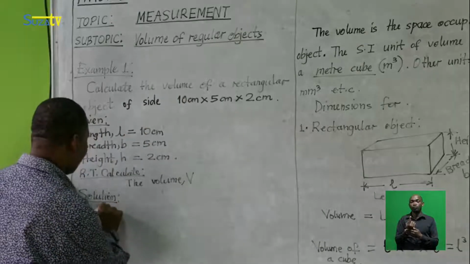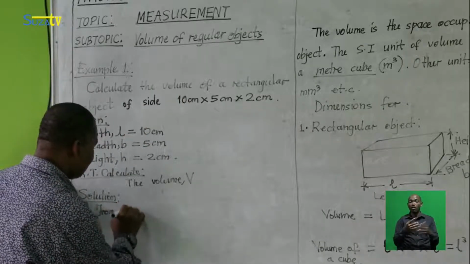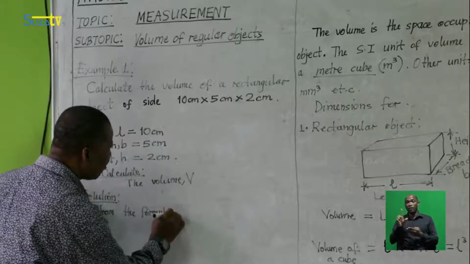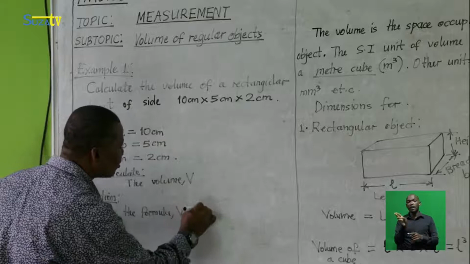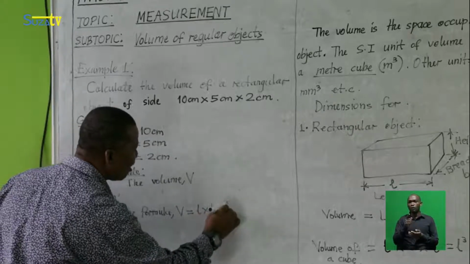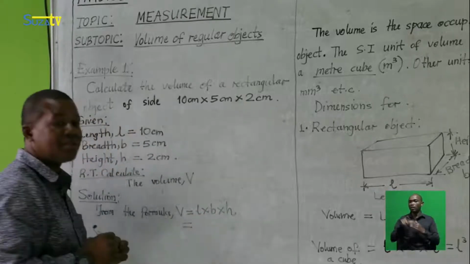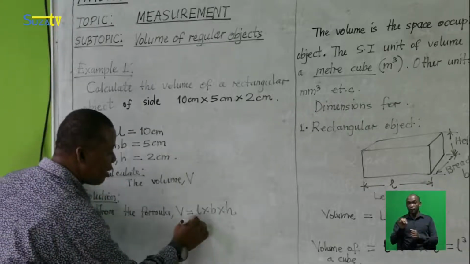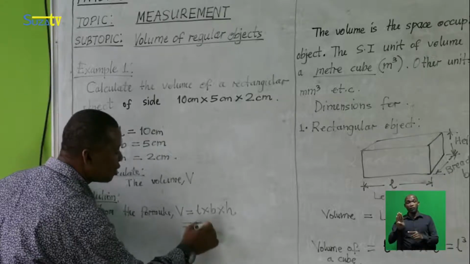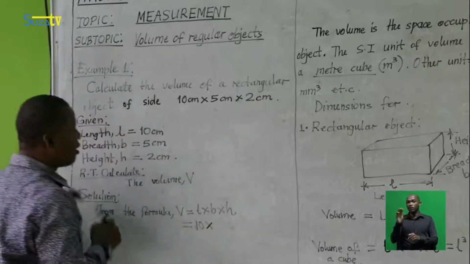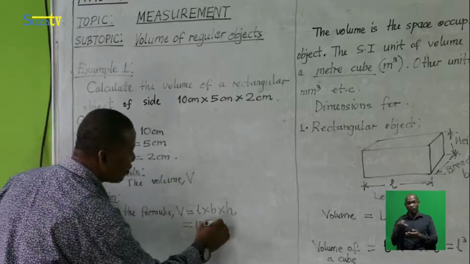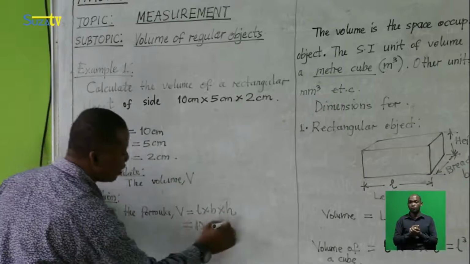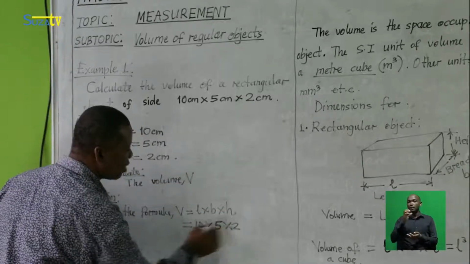So from the formula, V is equal to length times breadth times height. What is length? From our given, the length is equal to 10 centimeter times the breadth, which is 5 centimeter, times the height, which is 2 centimeter.